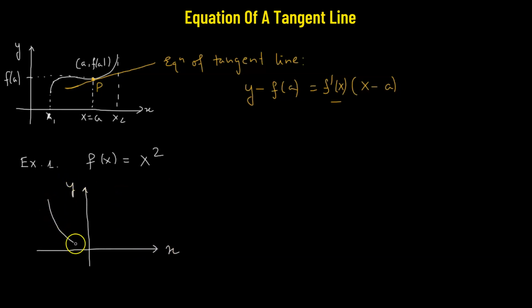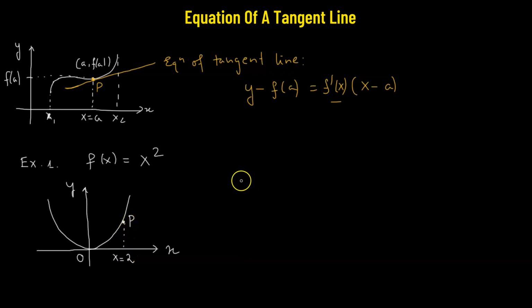The function represents a parabola with its vertex at the origin O. Now let's say we have a point P here, at x equals 2. So we want to find the equation of the tangent line at x equals 2 for this particular curve.